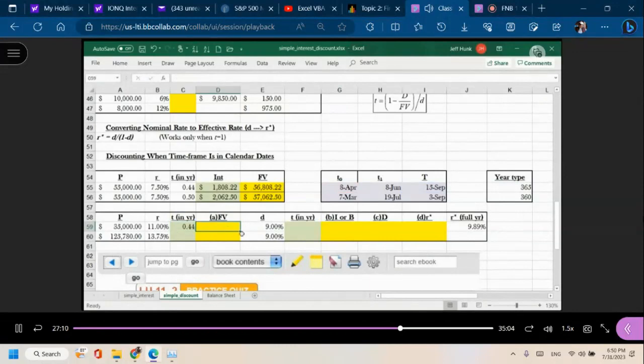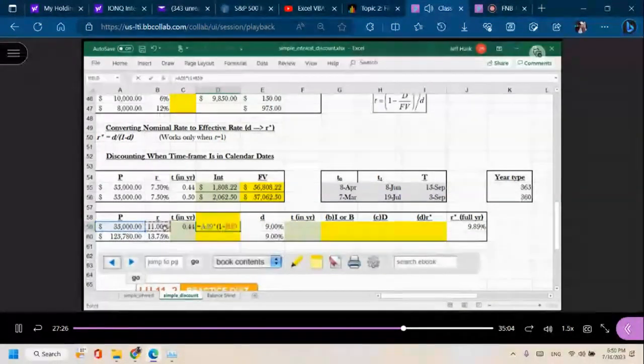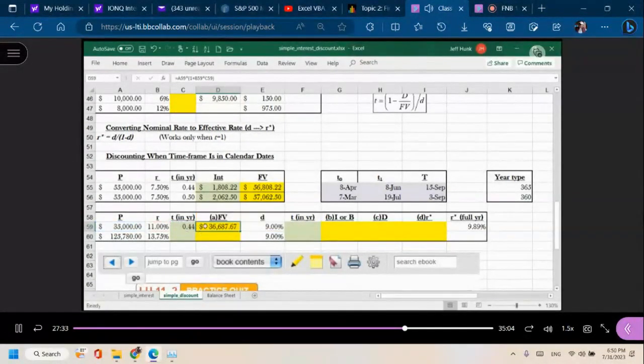There you go. And the future value is going to be E times R times 1 plus, open parenthesis, 1 plus R times T. And you can also drag it down. Let me drag both. You can take care of the second problem at the same time.